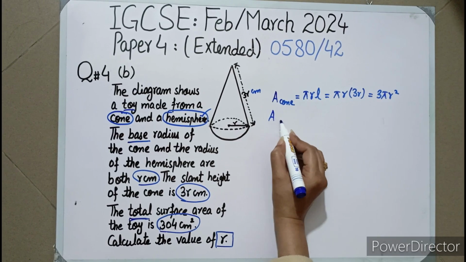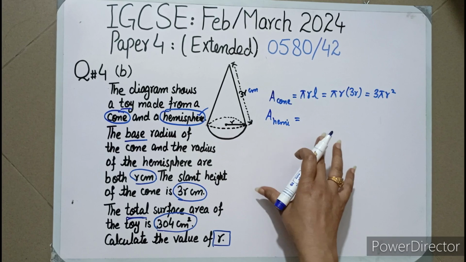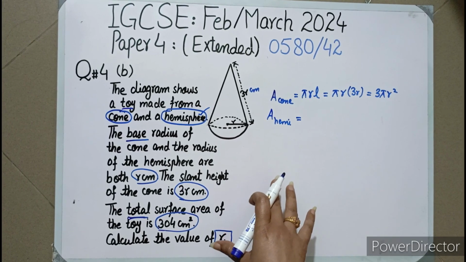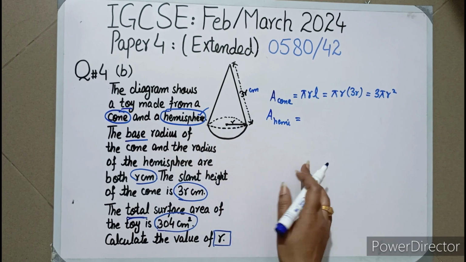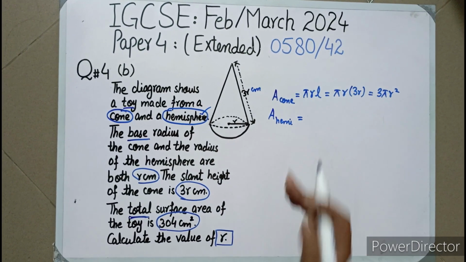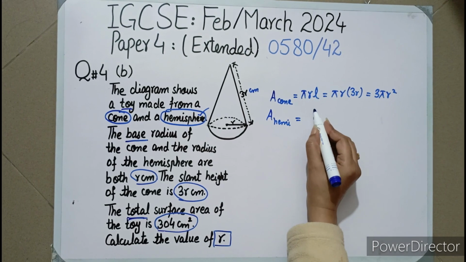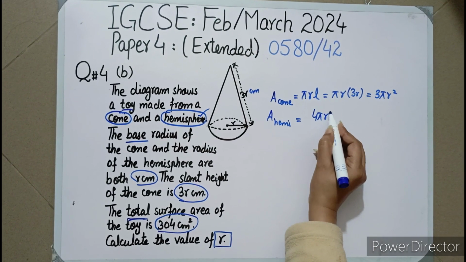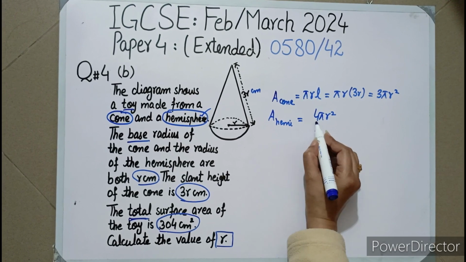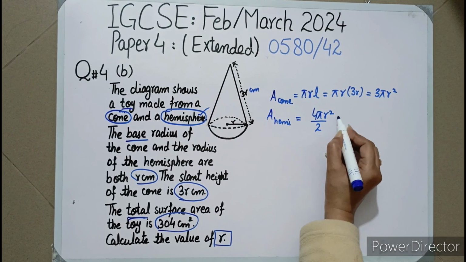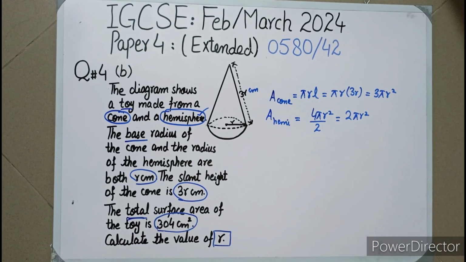As I know the area of sphere, I will divide that area in 2 parts to get the area of half of sphere, that is known as hemisphere. Area of sphere is equal to 4 pi r square. This is basically area of sphere, but I am discussing here hemisphere, so I have to divide this area by 2. So I will get the answer 2 pi r square.